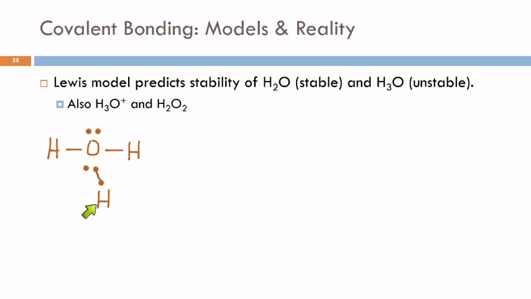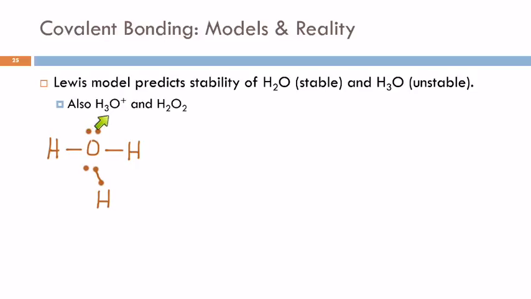This hydrogen's happy. It has 2 electrons. But what happened to the oxygen now? It's got 9. 9 is not 8, and sometimes more is not better. 8 is the magic number. They want to have 8. So this violates the octet rule. This is probably not stable, and it isn't. We don't find H3O. It just doesn't form.